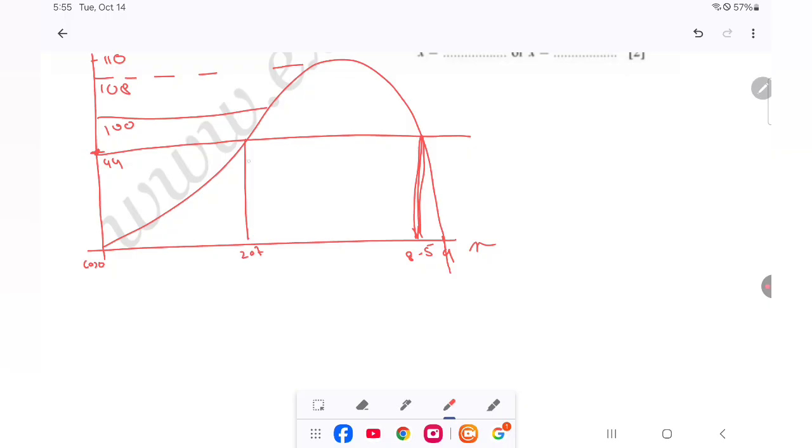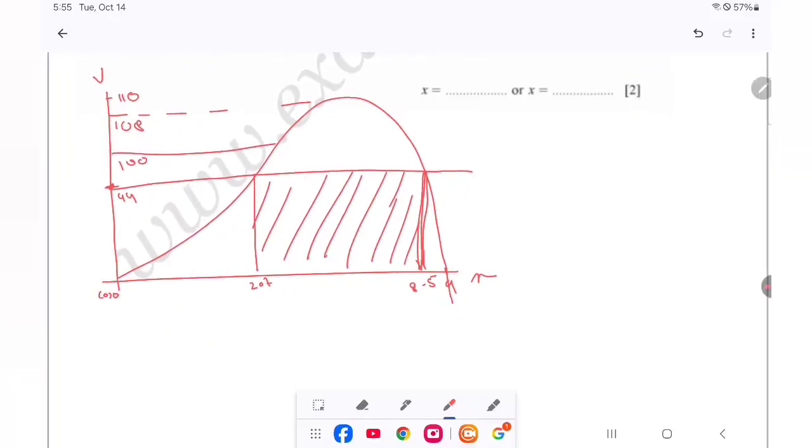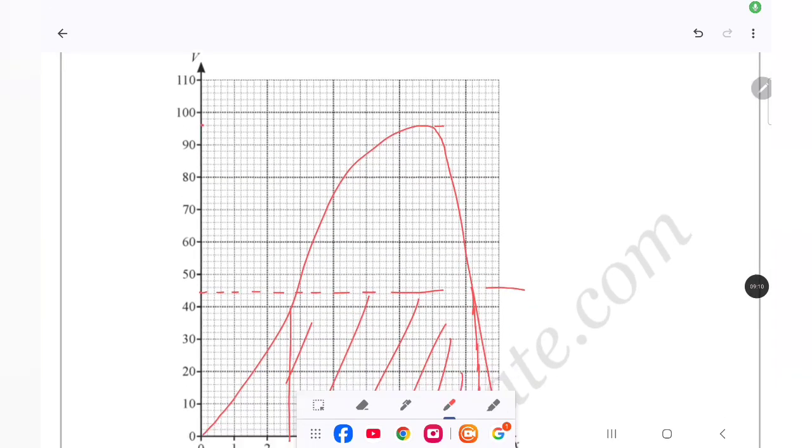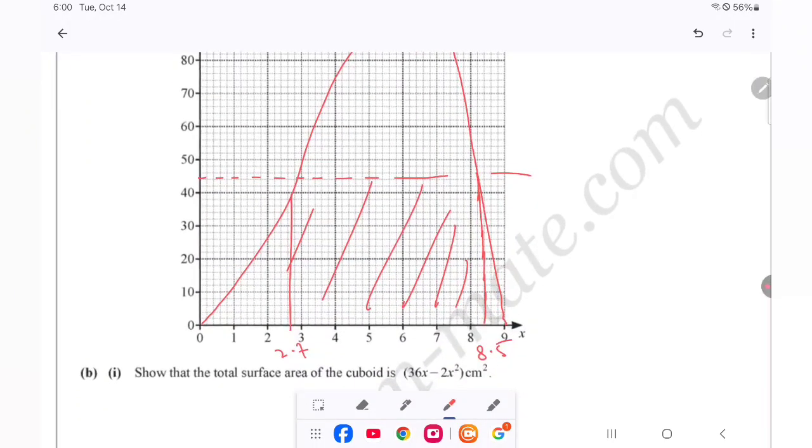So x's first value is 2.7 and the second is 8.5. In the given diagram, this is the peak 108, the highest value on the graph, and from the 44 point the intersection lines will be 2.7 and 8.5.